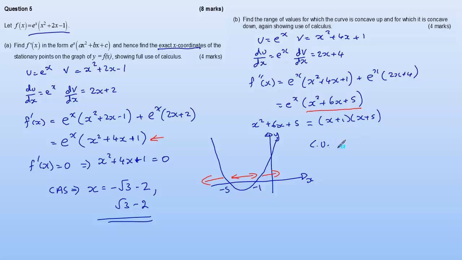So we can say concave up is for x less than negative 5 and x greater than negative 1, and concave down would be for x between negative 5 and negative 1.